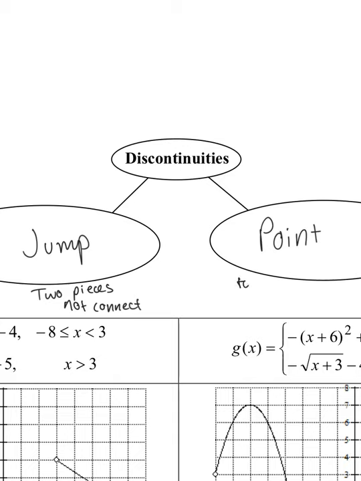And when we have a point, you have two pieces that connect at an open circle. So two pieces that do not connect for a jump, and two pieces that connect at an open circle for a point. All right?